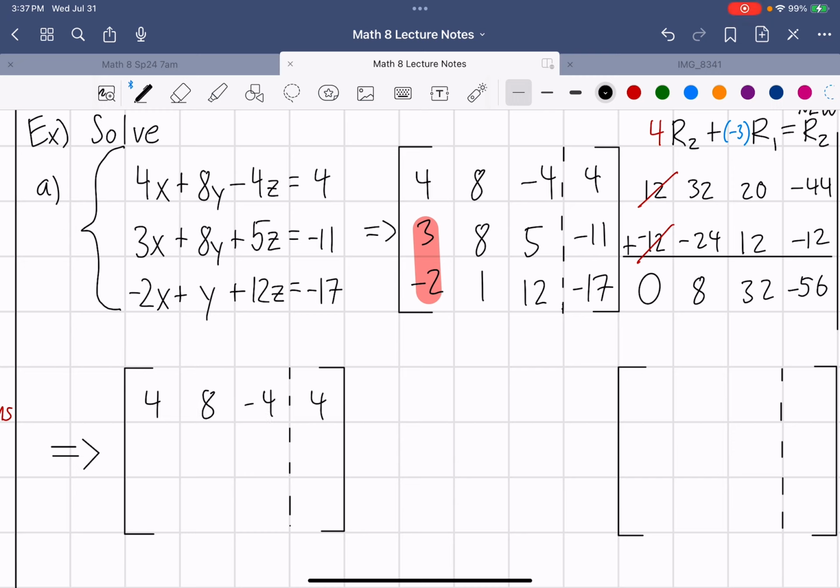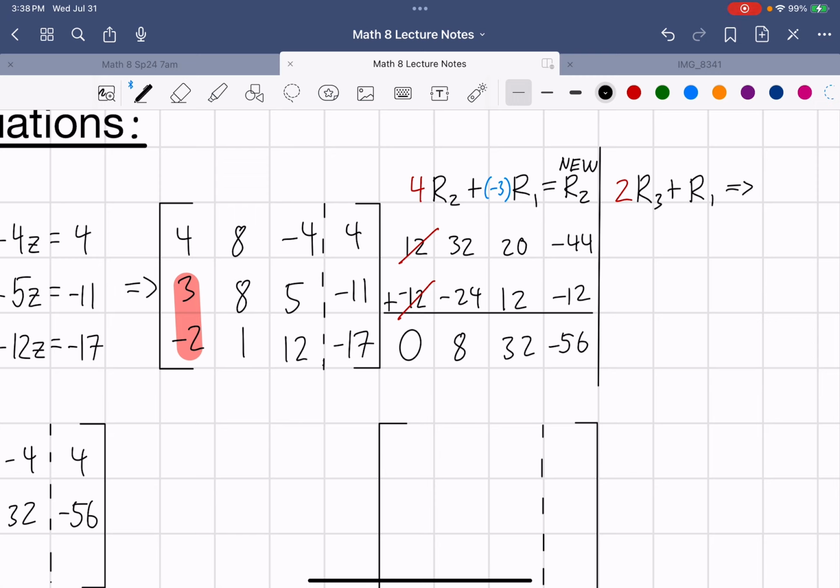Let me just put this up here so it splits it. So I'm going to multiply 2 to row 3, and I'm going to add it with row 1 to give me a new row 3. I'm just going to put an arrow. That's what I'm looking for.